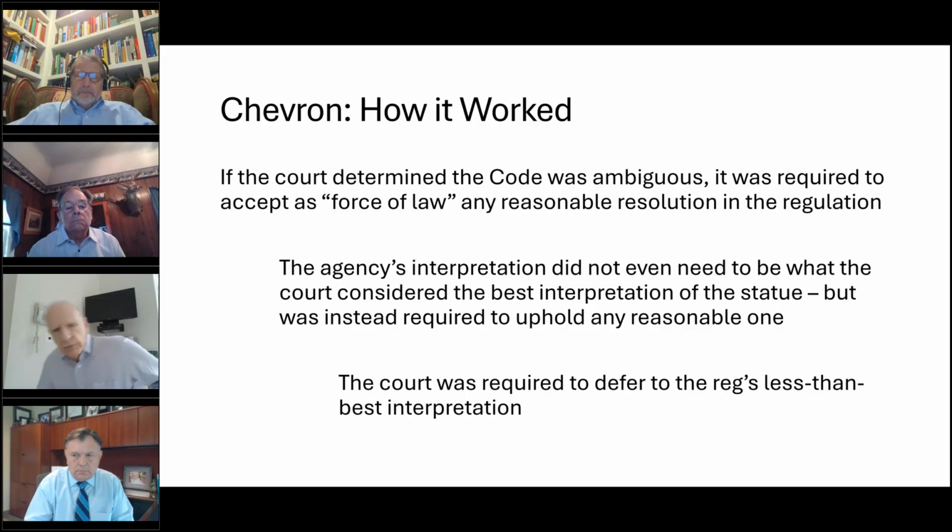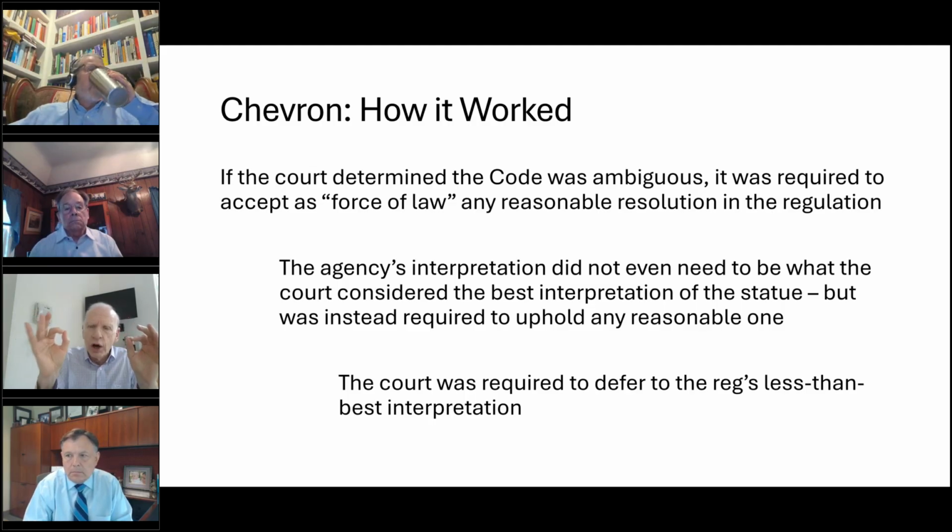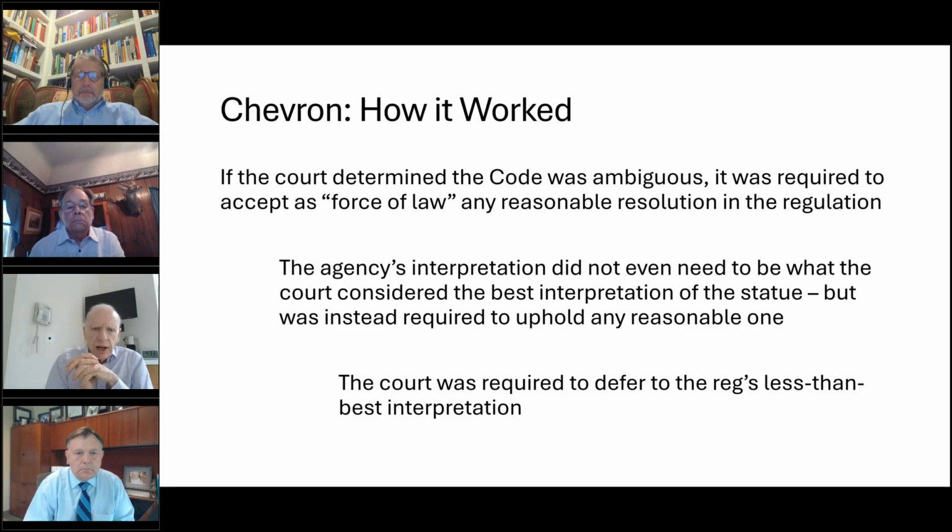And that was key. So you might look at the code section and say, it could mean this, it could mean that. The IRS gets to choose. That's what Chevron said, and you see in this moment the power of Chevron in the hands of the agency. The IRS got to choose as long as it made a reasonable resolution of the ambiguity.